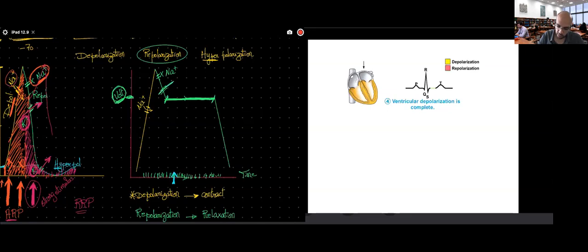So I'm getting potassium out. If I want you to keep the voltage constant, and I'm telling you here, you are releasing potassium out of the cell.